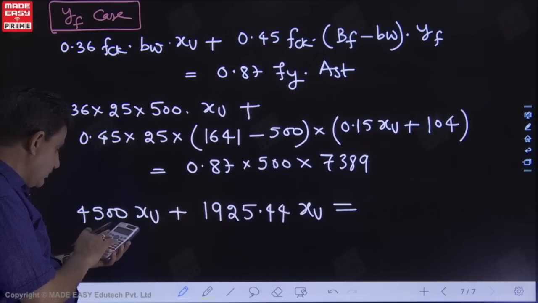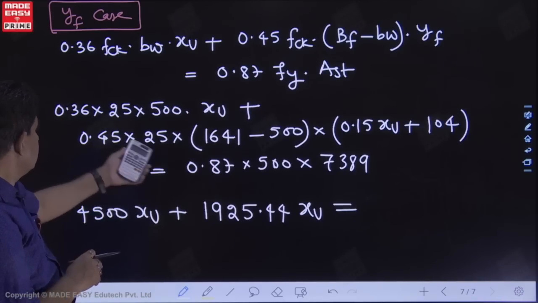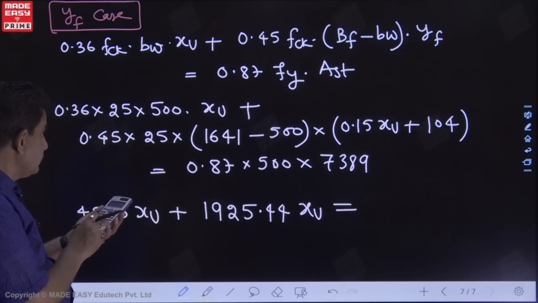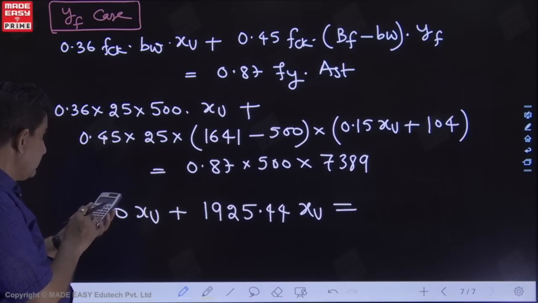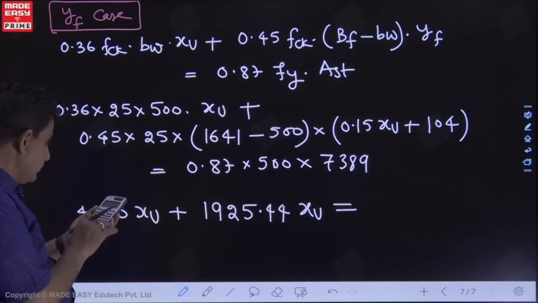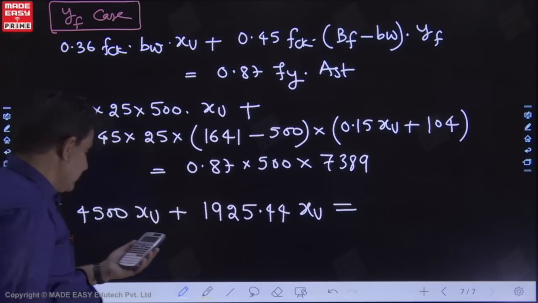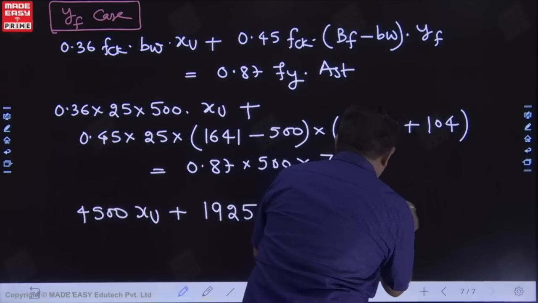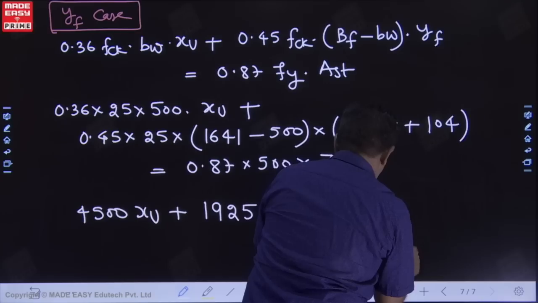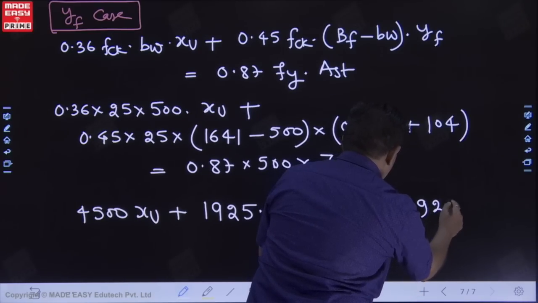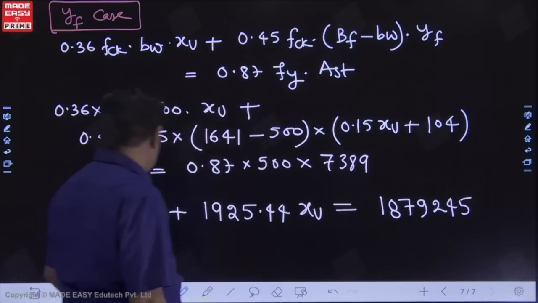That value will become 0.87 into 500 into 7389, minus 0.45 into 25 into 1641 minus 500 into 104. The value is coming 1879245. So what is XU?